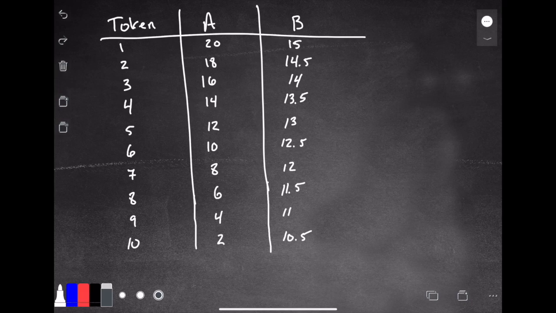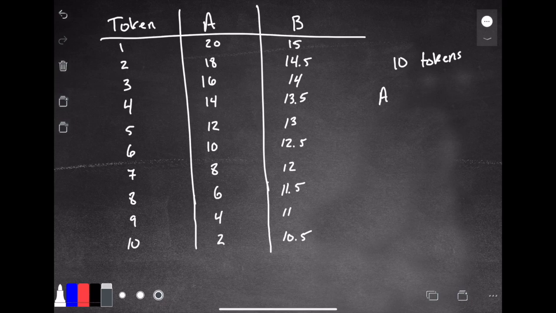And remember we have 10 tokens. Let's just think about this sequentially. With our very first token, we can either put it in machine A or machine B. Given that 20 is bigger than 15, we would understandably put our first token into machine A.